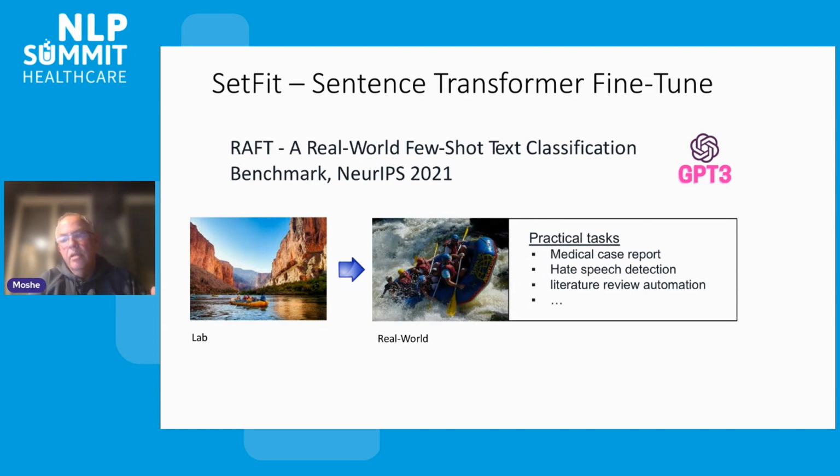It includes 11 practical real-world tasks, such as medical case report analysis and hate speech detection. The benchmark includes results produced by GPT-3 that became a standard baseline for comparisons, specifically for few-shot scenarios. We conducted a POC for SetFit, which I explain in a moment, using a model that is 1,600 times smaller than GPT-3.